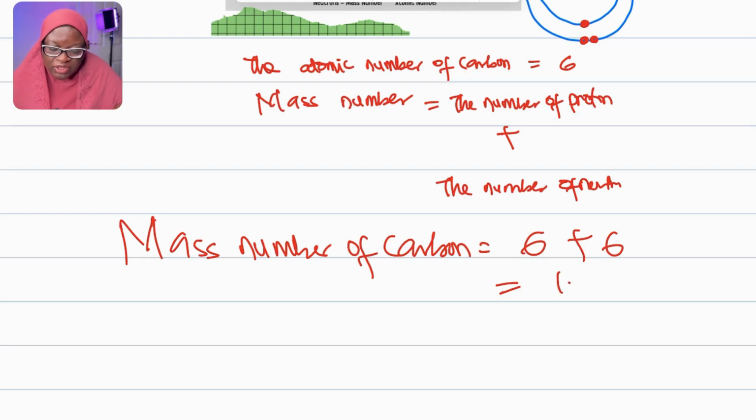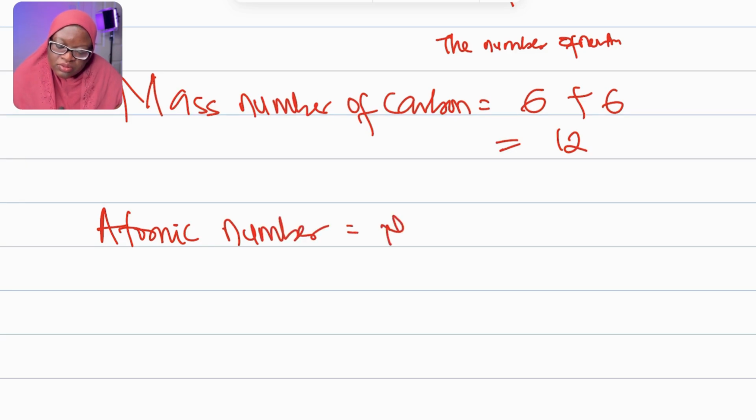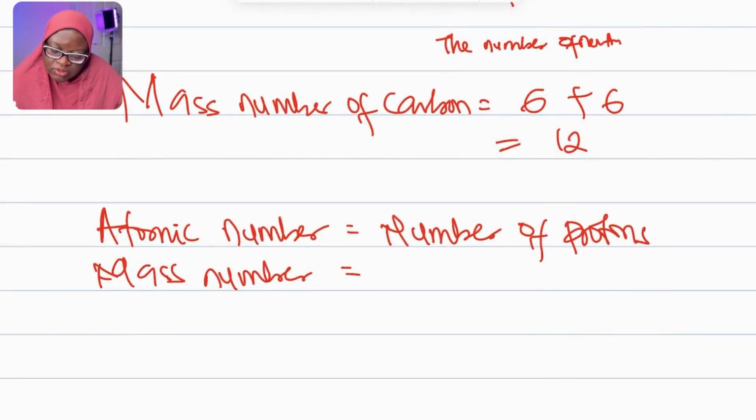So just to recap, atomic number is equal to the number of protons, and mass number is equal to the number of protons plus the number of neutrons.